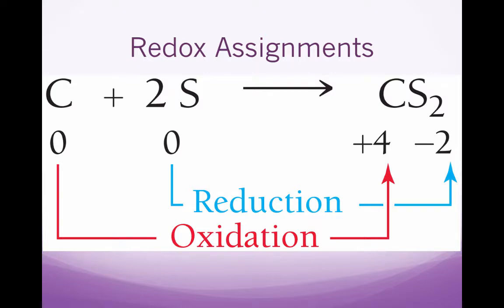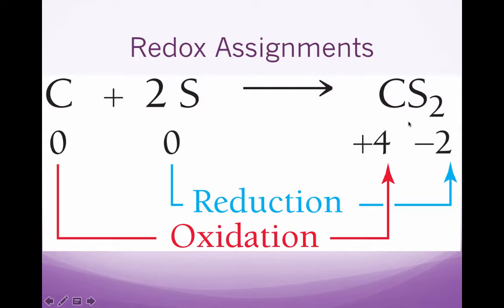So let's look at this. Here we have carbon plus sulfur to make carbon disulfide. Carbon here is just by itself, so according to the rules in the previous slide, its oxidation state is 0. Sulfur here is by itself, so its oxidation state is 0.